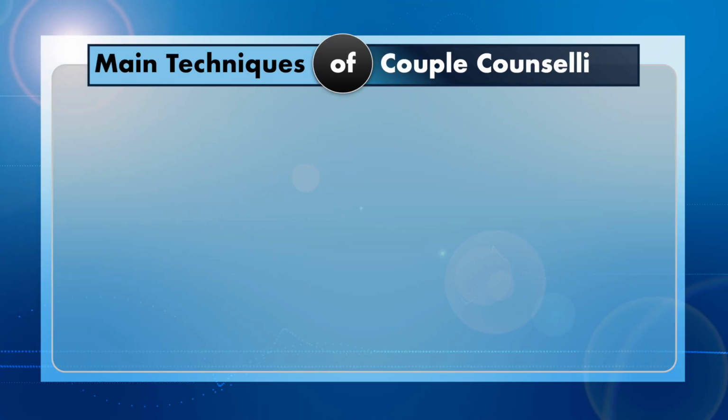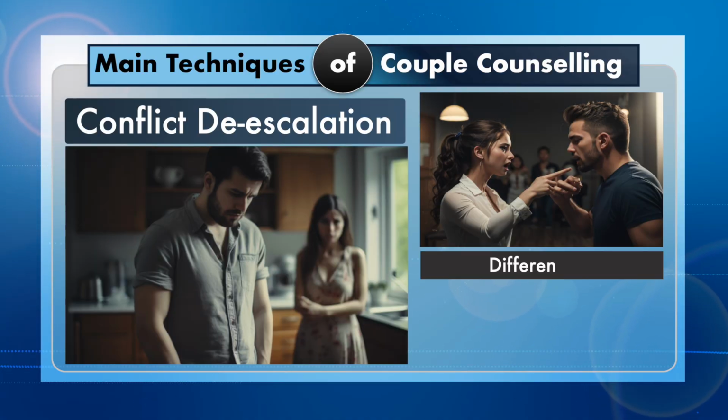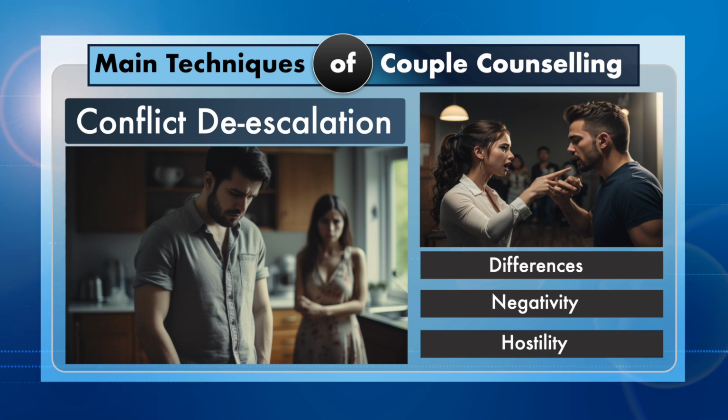Another method in couple counseling here is conflict de-escalation. This is one of the techniques. The reason for the origin of this technique is that when couples come to therapy, many a time there are many differences among them, and there is a lot of negativity and hostility between them, which is clearly felt by the therapist.